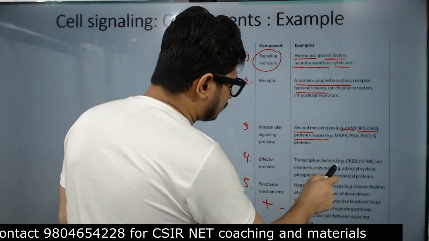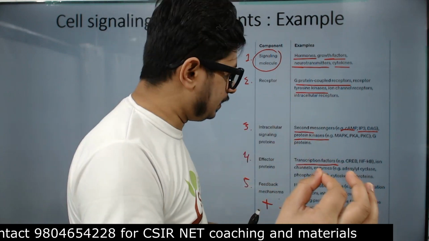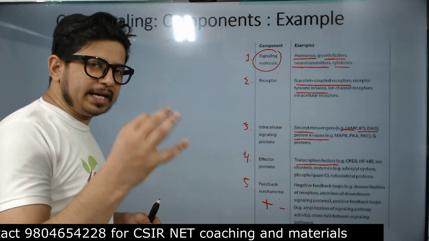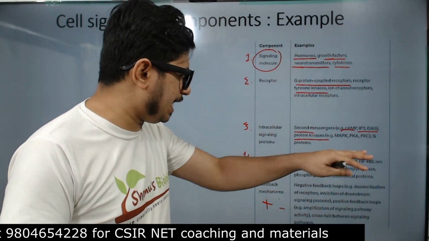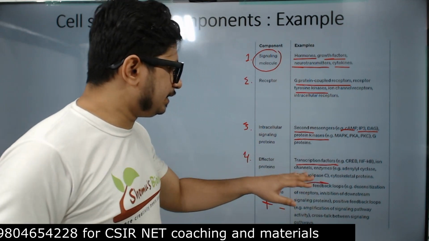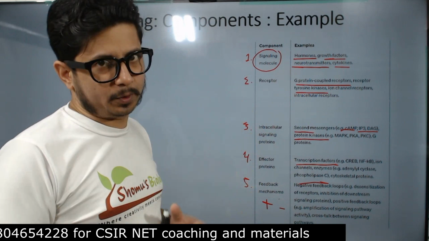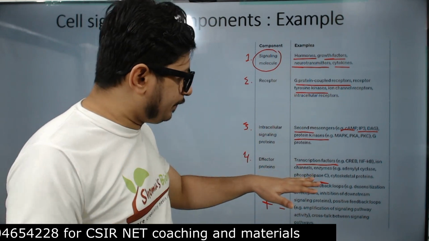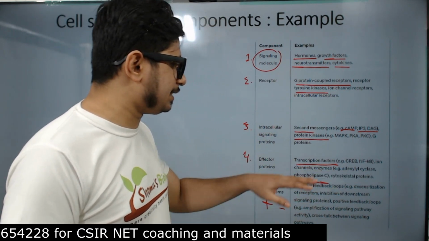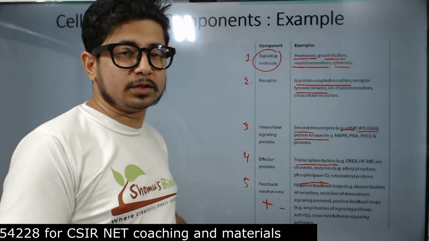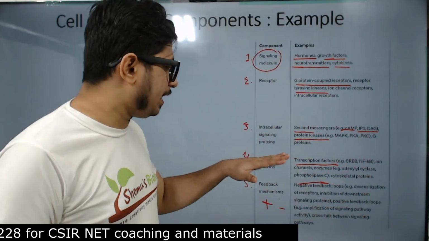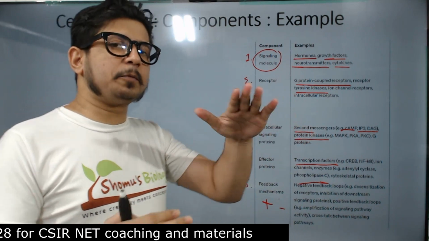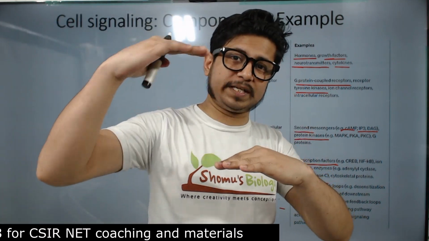For example, transcription factors CREB, NF-kappa B, ion channels, and several enzymes like adenylyl cyclase, phospholipase C, they all act as effector proteins. Many people confuse the role of adenylyl cyclase and phospholipase as intracellular signaling proteins, but no, they are not second messengers, they are actually effector proteins, because effector proteins' job comes after the role of second messengers.